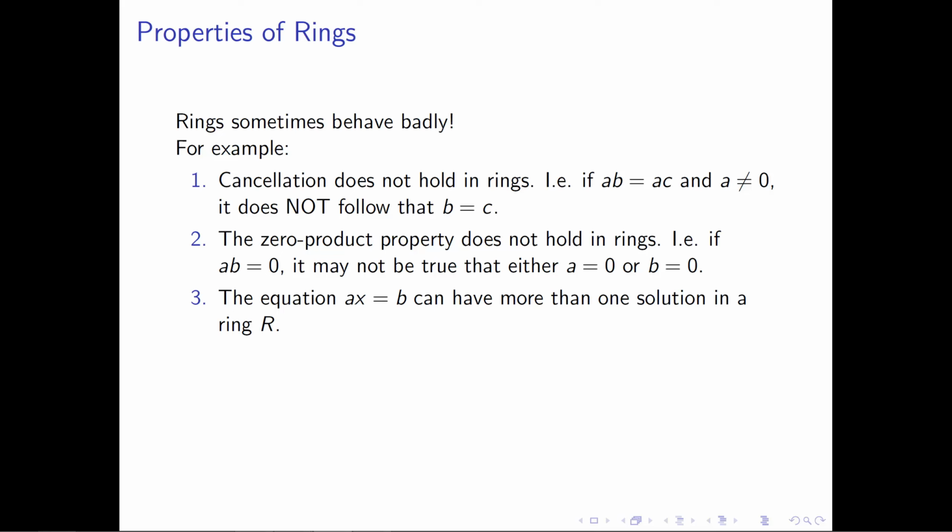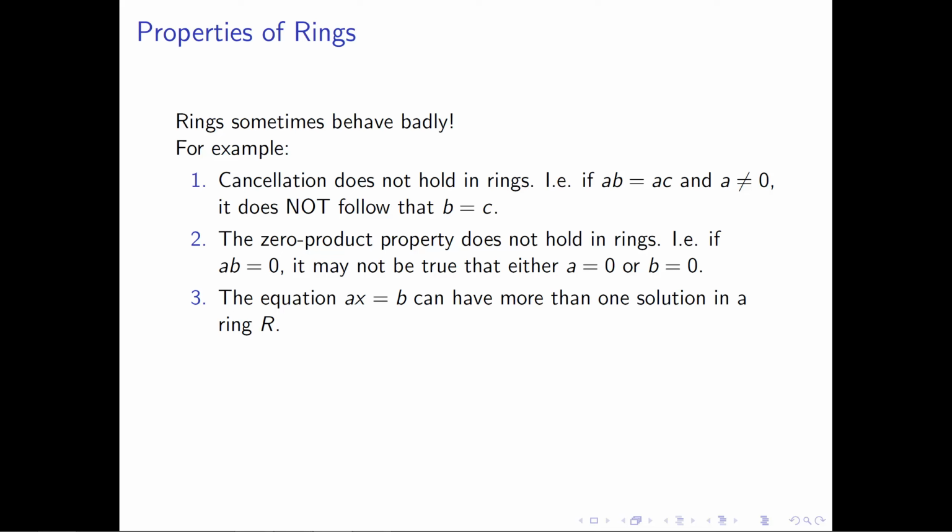And the last property of rings that we're very used to with the integers or with the real numbers, but which is not true in an arbitrary ring, is that linear equations can have more than one solution in an arbitrary ring. So for instance, if we were looking at an equation ax equals b, this is really like the equation of a line, right? We're used to there being either 1 or 0 solutions for the possibilities for x.